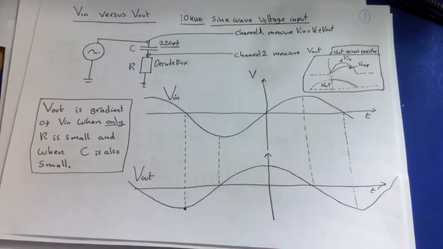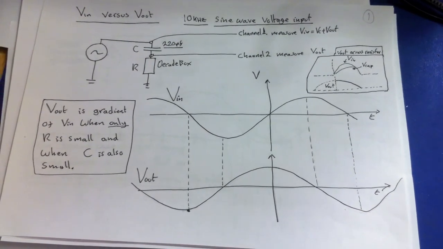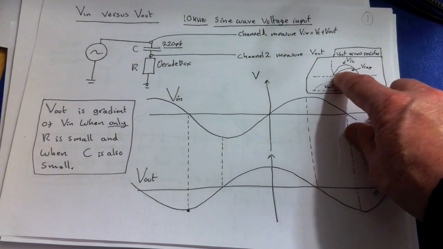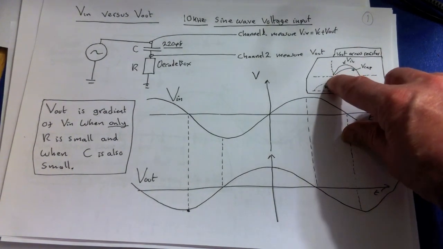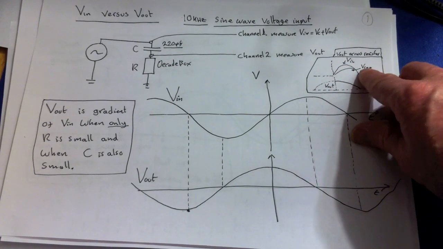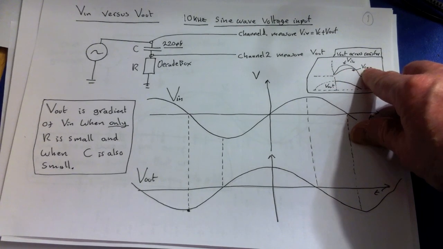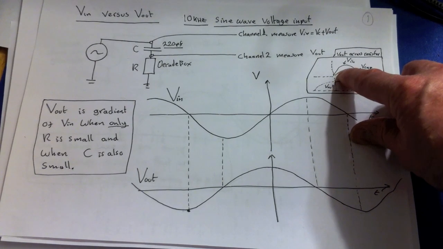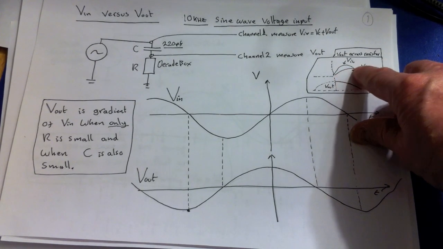So here I've just drawn down what we're going to see. Similarly here, in this case it's not a square wave anymore, but just looking at one part of the sine wave curve, this part round here, I've also drawn in over the top the typical way the voltage across the capacitor will be charging up.